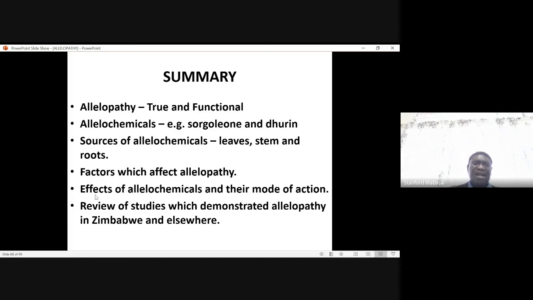So we discussed how allelochemicals are likely to produce these symptoms. But more research needs to be done, because most of it is just assumptions. We are trying to learn from the real herbicides and apply that to these allelochemicals.